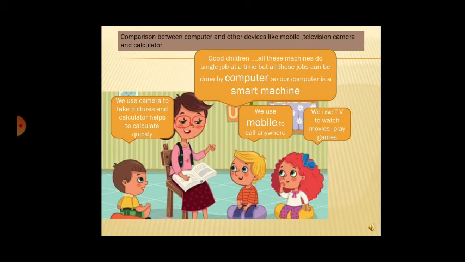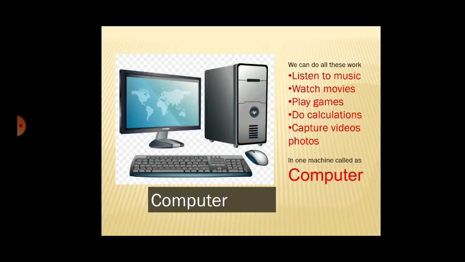It calculates very fast. We can watch movies, we can play games with the computer, we can use the computer to talk with somebody else who is far away. Now we can do all these works from the computer: listen to music, watch movies, play games, do calculations, capture videos and photos, all in one machine called the computer.